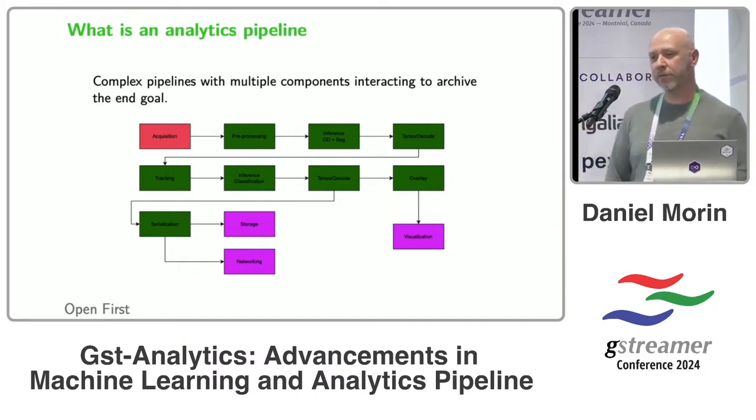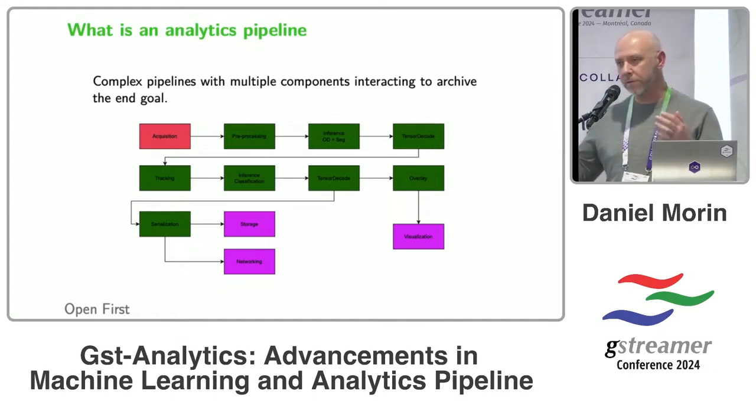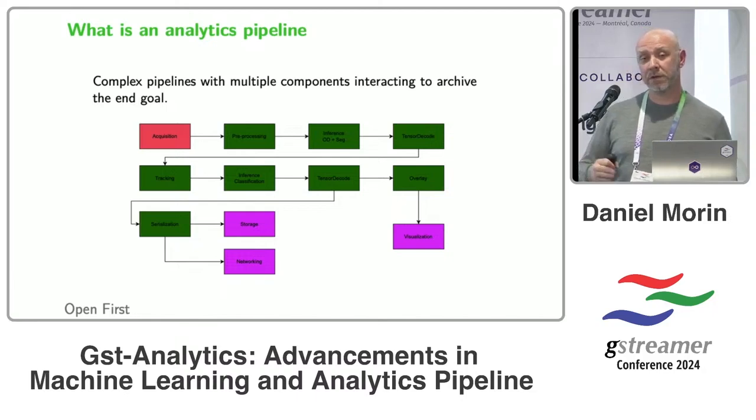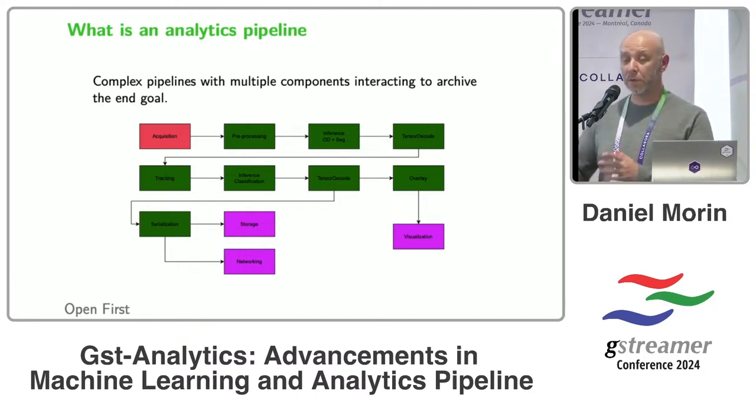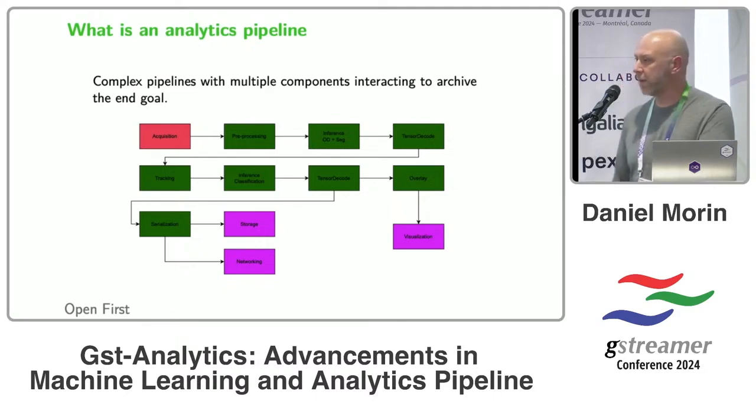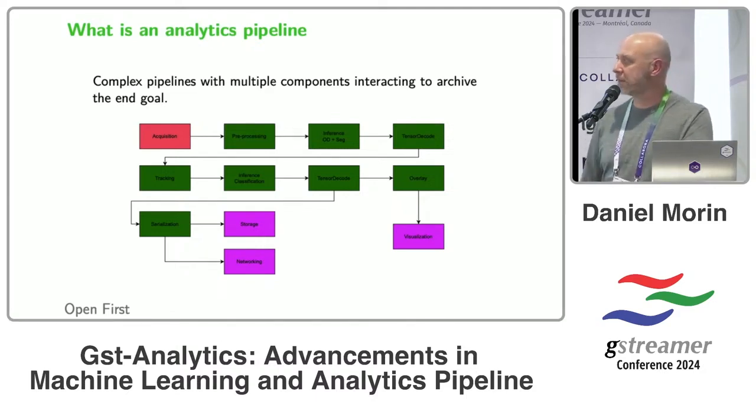For example, the inference will depend on a neural net framework, and it doesn't depend on the model. And the tensor decoder is exactly the opposite. It will depend on the model, but not on the neural net framework. Tracking is typically done with computer vision, but sometimes also with ML, so it will depend more on the acceleration.